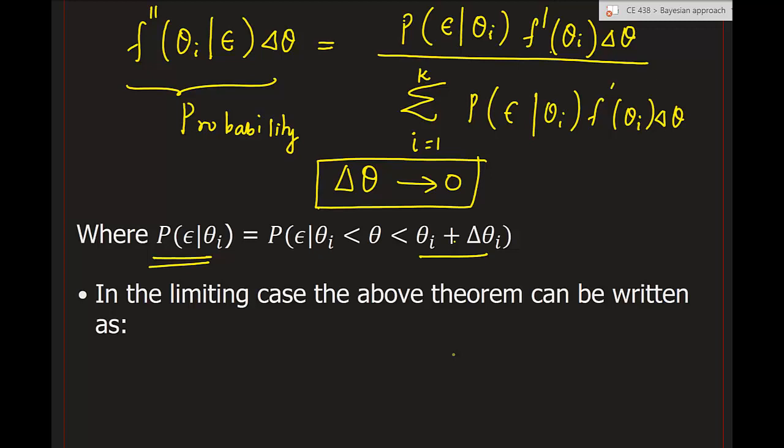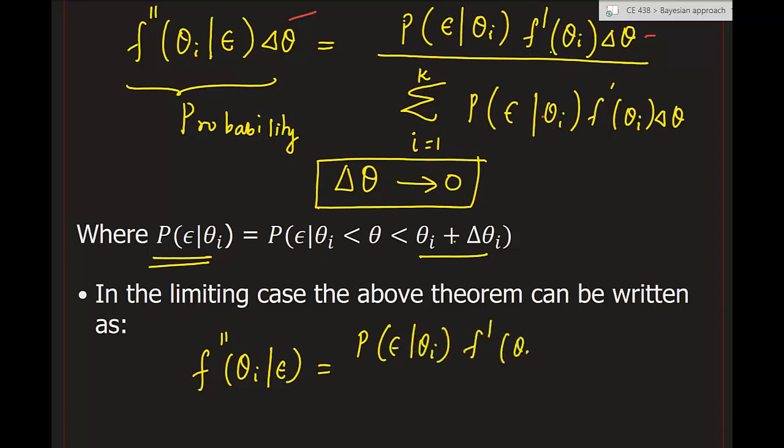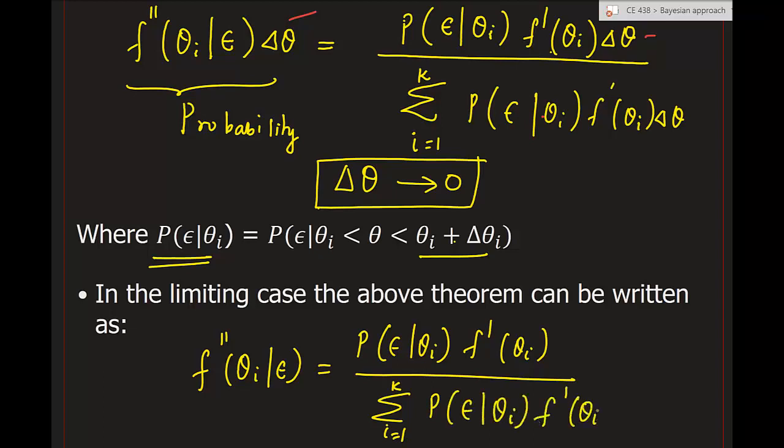So if I divide by delta theta, basically this delta theta and this delta theta will cancel out. So we can write in the limiting case f'' of theta_i given epsilon equals p of epsilon given theta_i times f' of theta_i, divided by this term, the summation i equals 1 to k of p of epsilon given theta_i times f' of theta_i times delta theta.